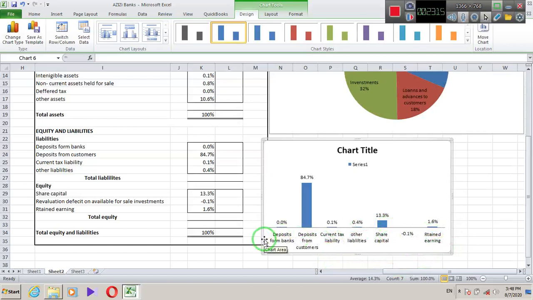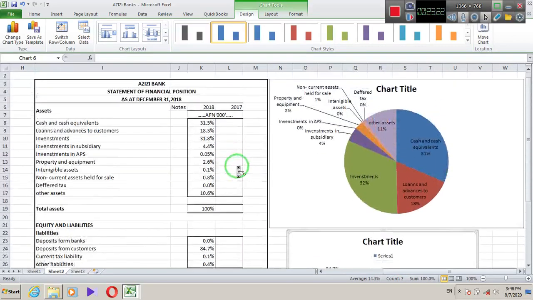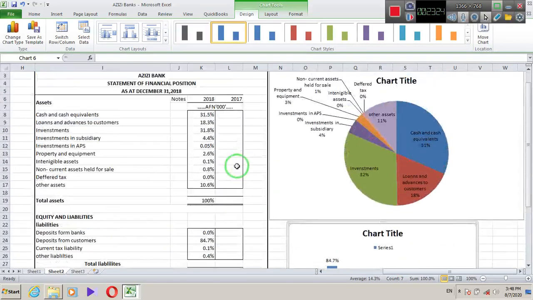This is the 2016 Azizi Bank graphical representation of the vertical common size analysis that we performed here. So see you in the next lecture. Till the next lecture, goodbye, have a nice time.